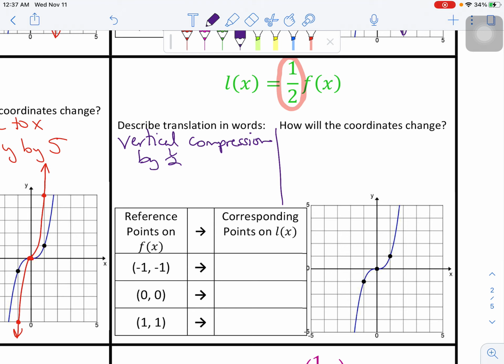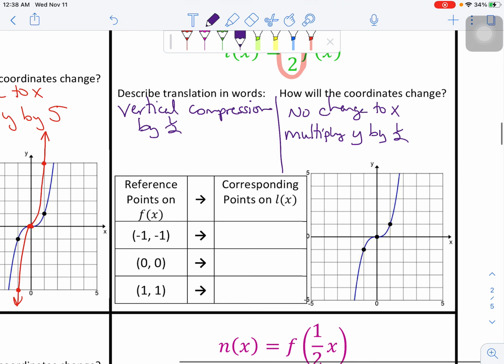Okay. So how do the coordinates change? Well, vertical changes do not affect x, so no change to x. And a vertical compression here, we're going to multiply y by 1/2. Okay, we're going to push all of our points closer to the x-axis, in this case by 1/2.